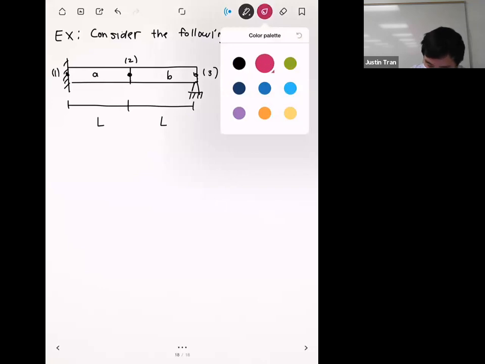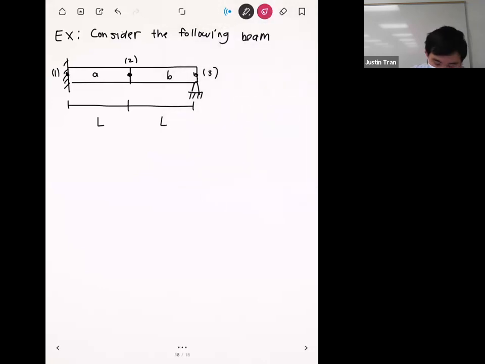And they're going to be subjected to loads being applied at node number 2. Okay, so we actually have 2 loads that we're going to consider. Okay. And so we have a vertical load of magnitude P. Okay. And we're going to apply a twisting moment at the node with magnitude M. Okay.